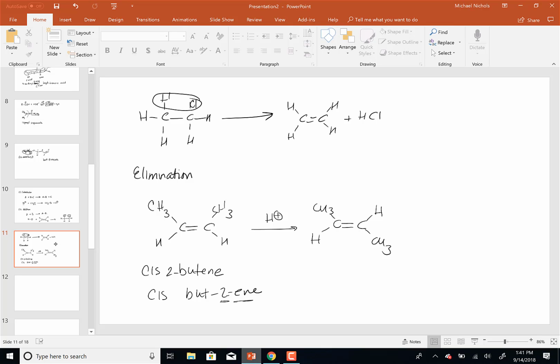And again, we'll learn the mechanism for this later on. I'm not concerned about the mechanism, but this is a rearrangement. So this molecule rearranged its structure. It became the other stereoisomer that we talked about last week.